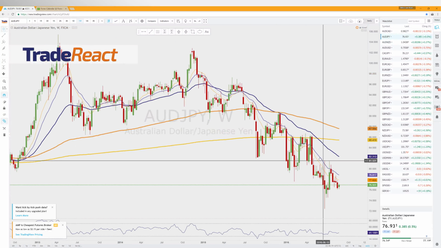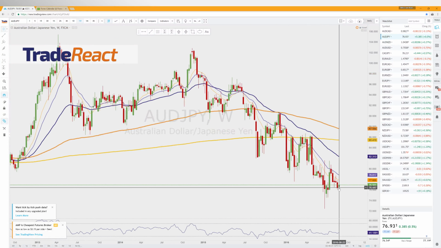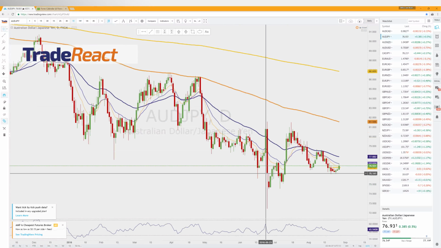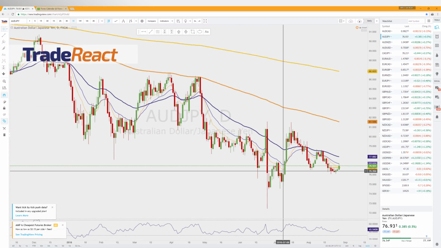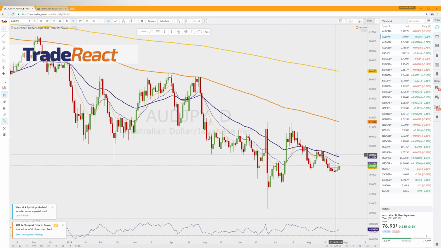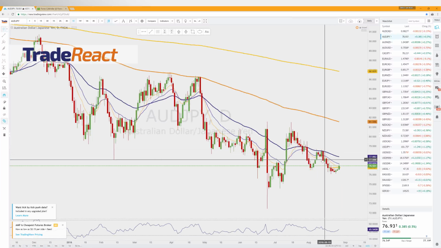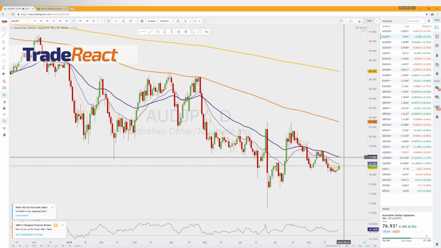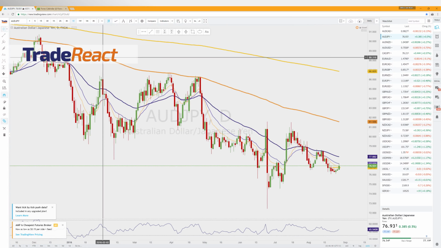The weekly we're still trending lower. So, not yet a setup here. I would look here at the 7780 if it retraces like this again, to look for some selling opportunities.